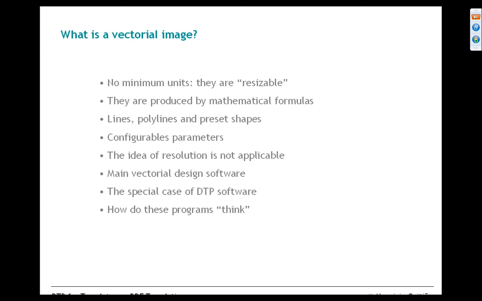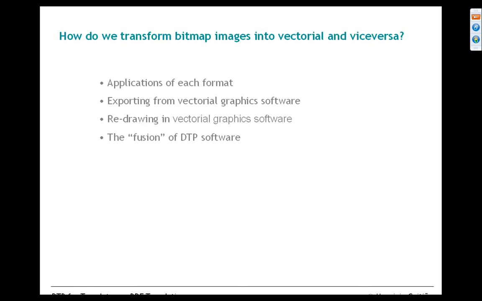The same for vectorial images. Okay, they are different from the other ones. And in the case of DTP, we'll have a mixture of both. So we need to identify both. We'll see how we can transform one image into the other kind, which may be useful in some situations. And I will be giving tips on that.